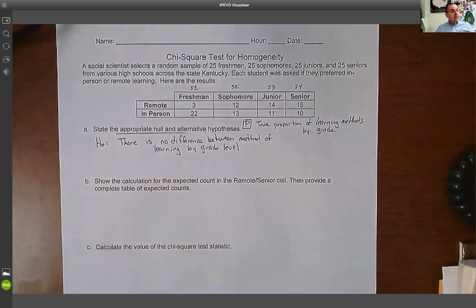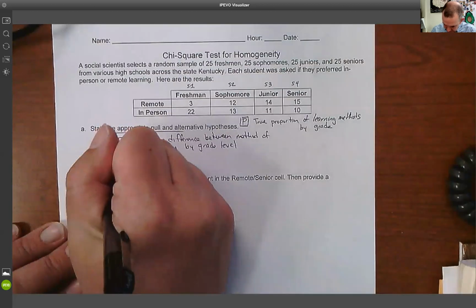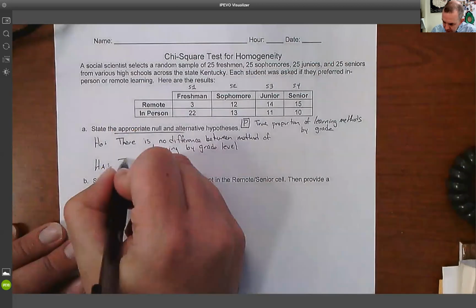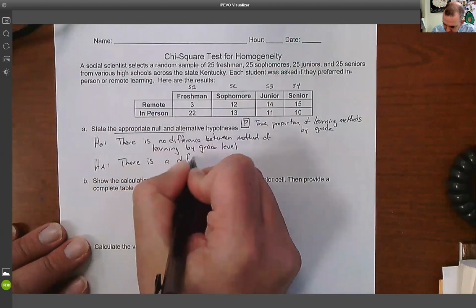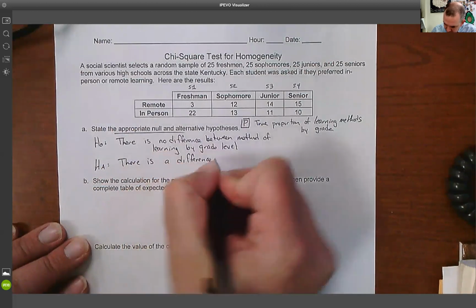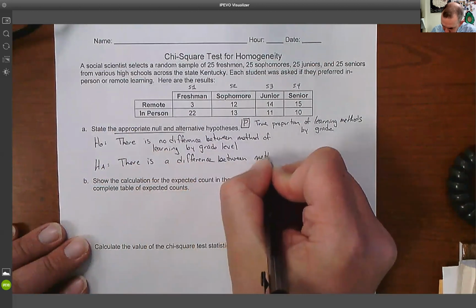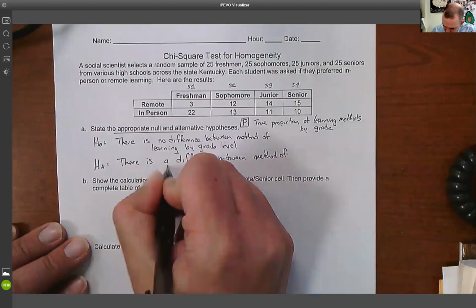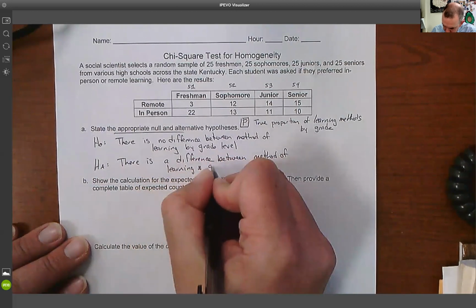The null hypothesis is there's no difference. The alternative: there is a difference between method of learning and grade level.